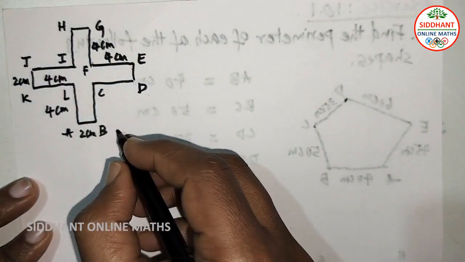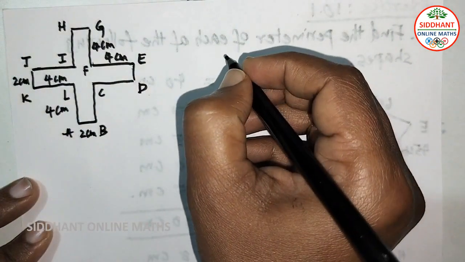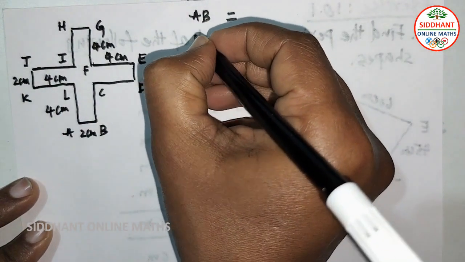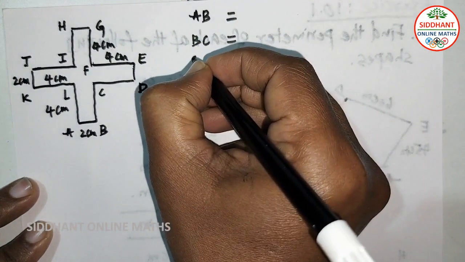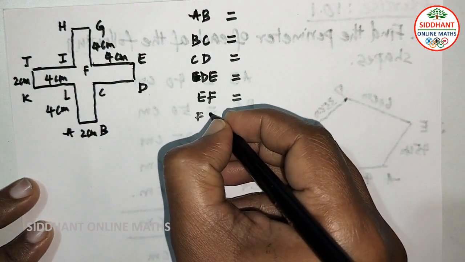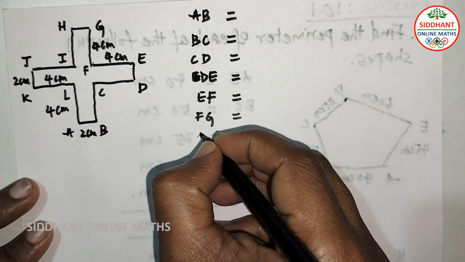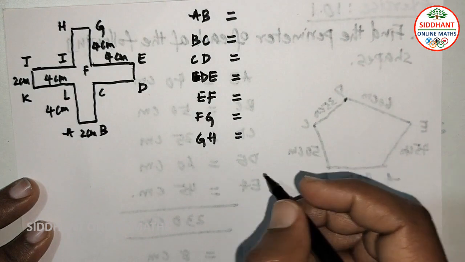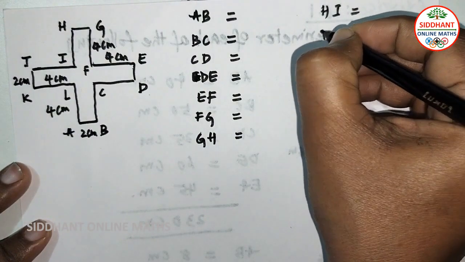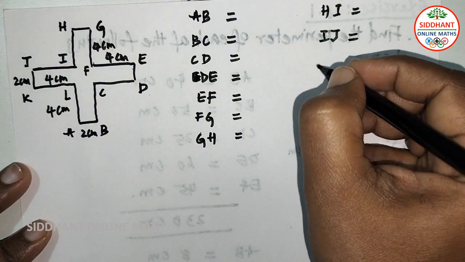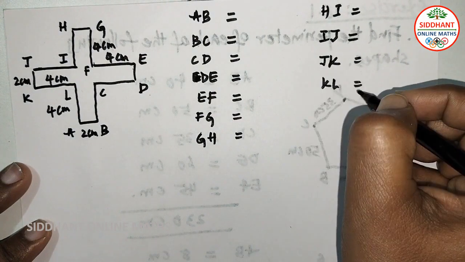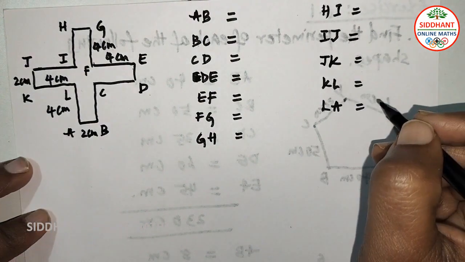Next, fourth shape. So here also we are going to find the dimensions of the line segments: AB, BC, CD, DE, EF, FG, GH, HI, IJ, JK, KL, LA.